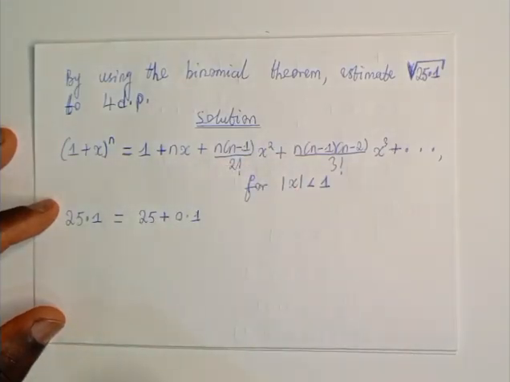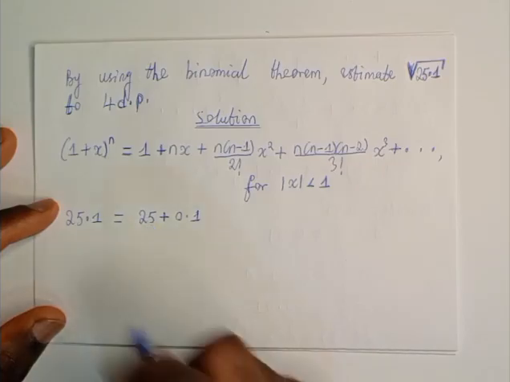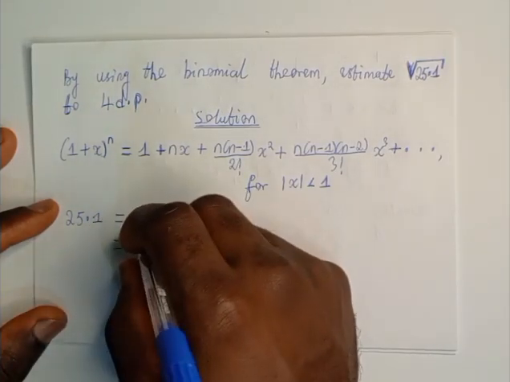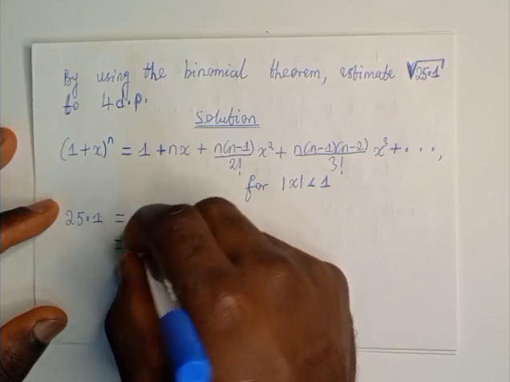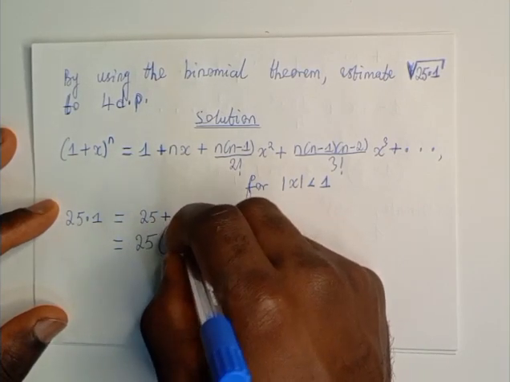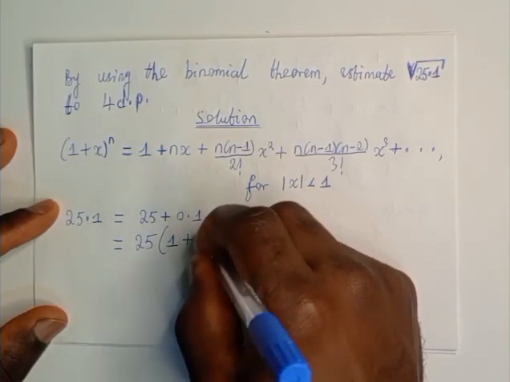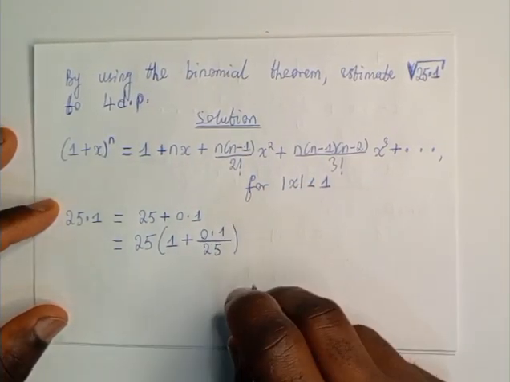Now, if we factorize the number 25, the reason why we are factoring out 25 is because we want to make the first term to be 1. This will simply be equal to 25 times 1 plus 0.1 divided by 25. This is what we are going to obtain.